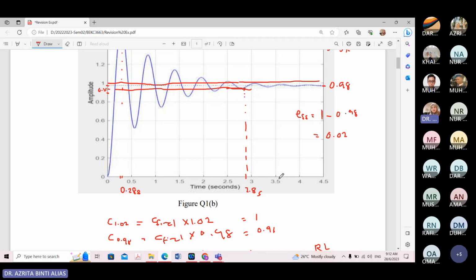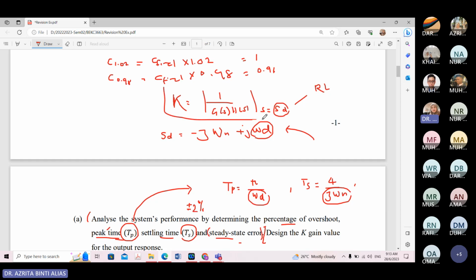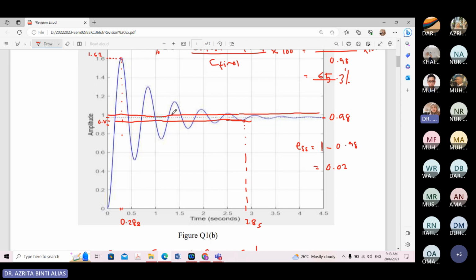InsyaAllah. So please remember, if the question asks you to design the K, we always start with this formula. You need to use all the information given to obtain the value of ST. If the information given is the root locus, definitely you can find the ST from the root locus. But for this example, instead of the root locus, the information is the output response.